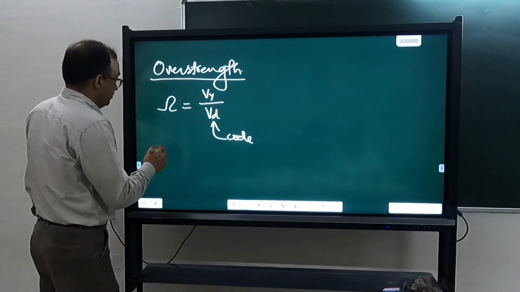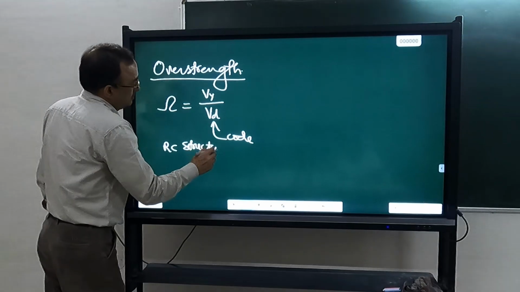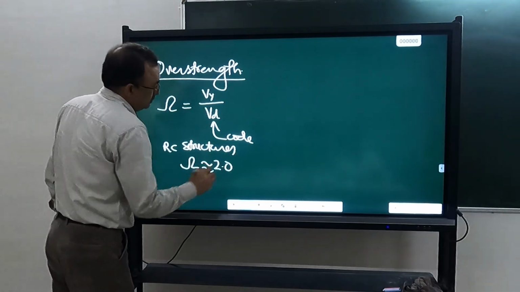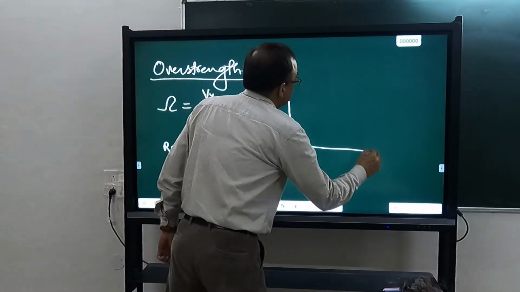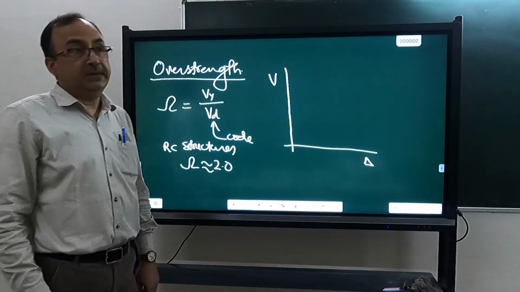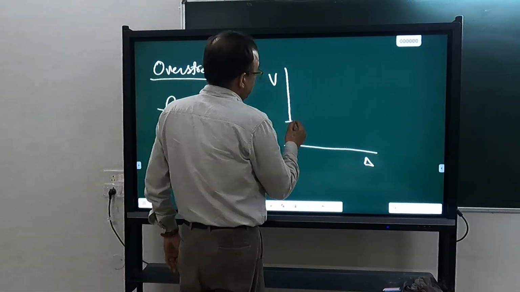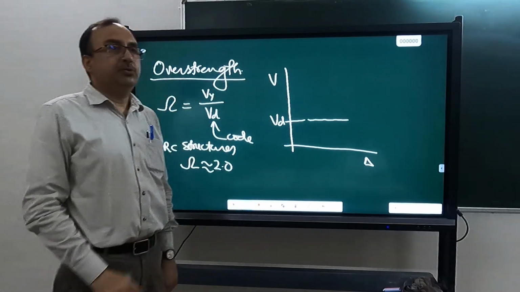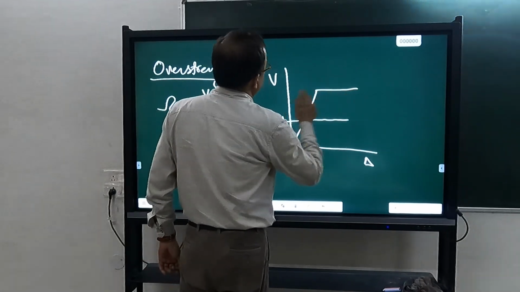Okay, and for RC structures, omega is approximately 2. So if I am plotting V versus delta for any building, it may be V versus delta roof. So whatever base shear I have used in the design, the yielding will occur roughly at double.